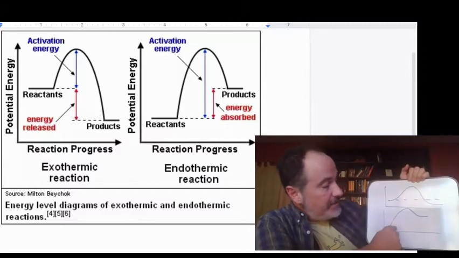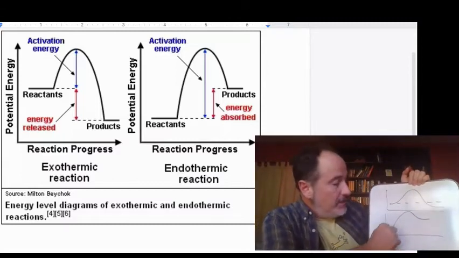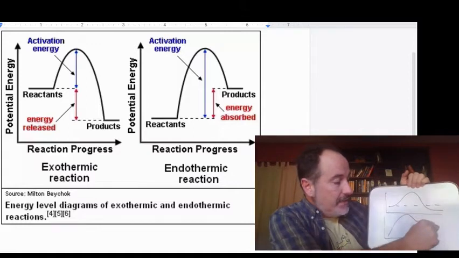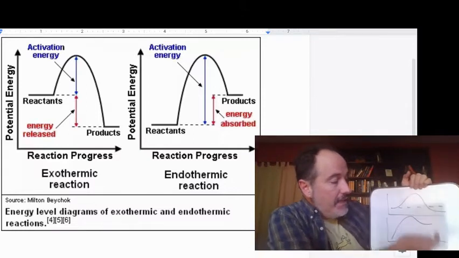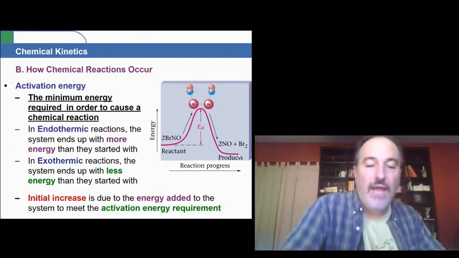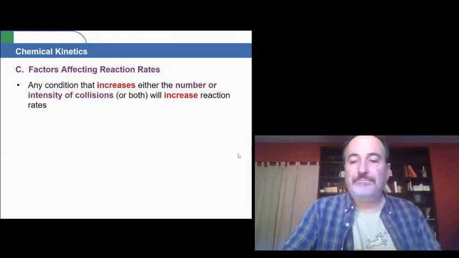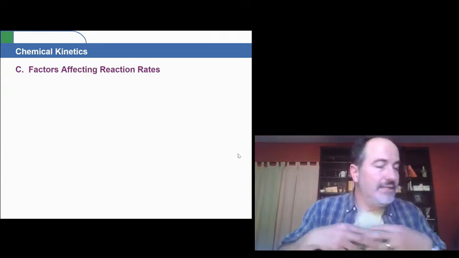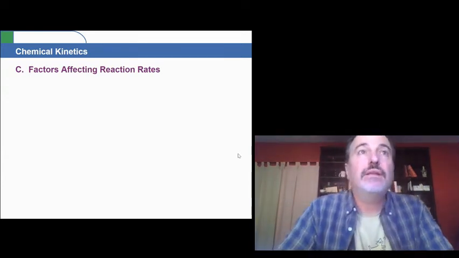And then this represents an endothermic, where you put in a lot of energy, but only a little is released. And you end up with products that are higher than the reactants, okay? So that is that. Now, that's how you can represent a chemical reaction.